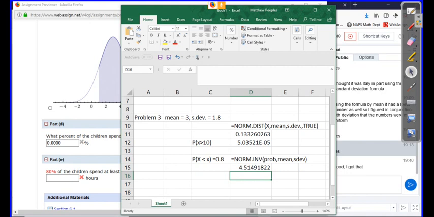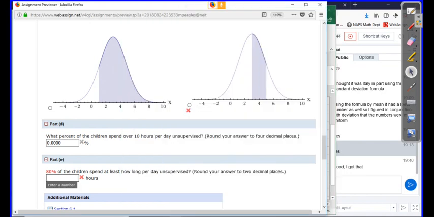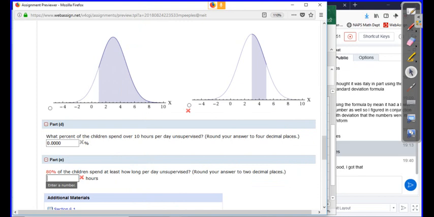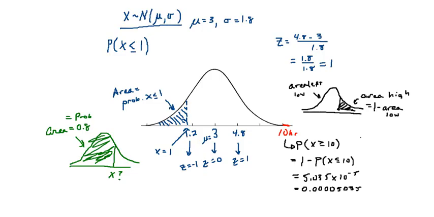In this case, that's 4.5149. To 2 decimal places, that's 4.51. So that's how we're getting our answers for these normal distributions. All right, I'm looking at the time and I'm right up against it, so let me stop this.